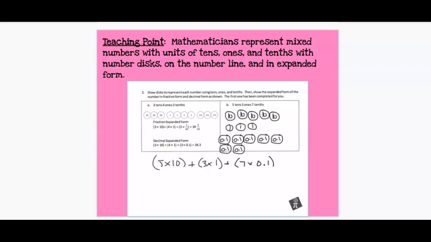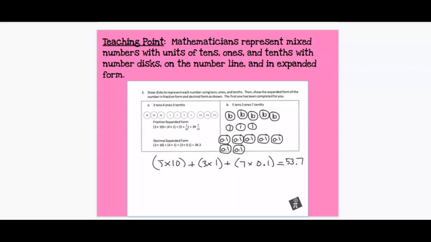And there's your answer. And what does that equal as a decimal? Well, that's going to be 50 plus 3, so that's 53. And then here's 0.7, so it's going to be 53.7.